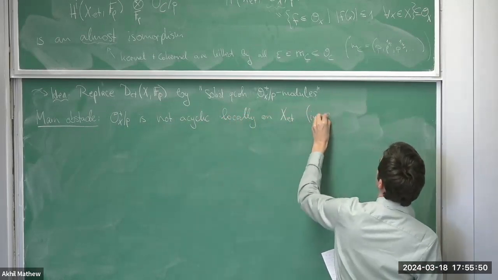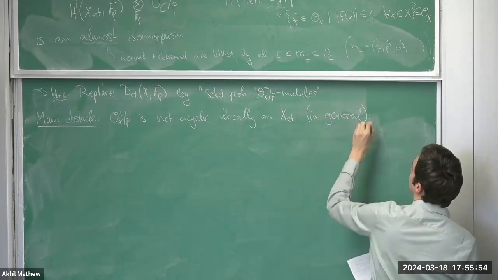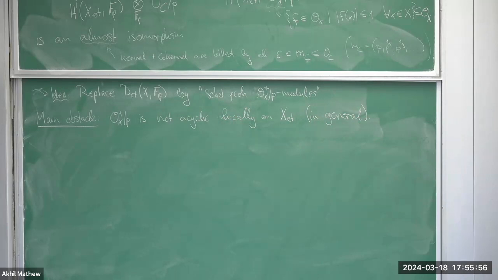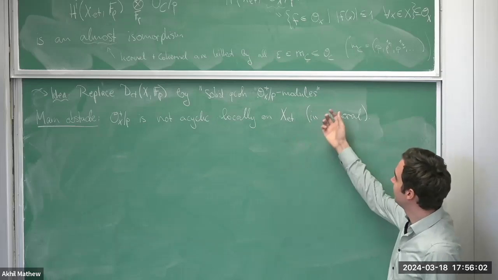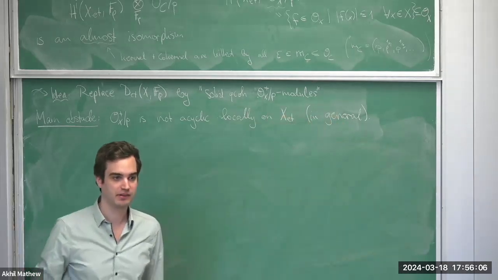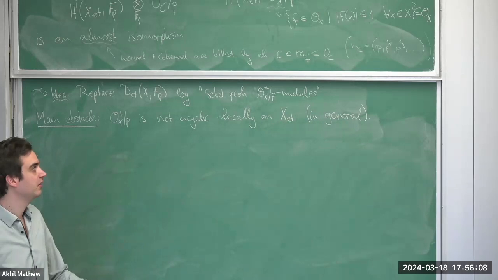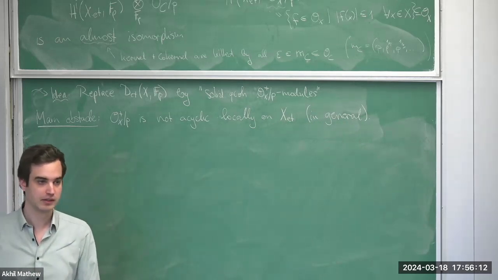In general, of course, in the étale topology it's important, but in general it's not. So if you want to have a good theory of quasi-coherent sheaves on any space, then locally a quasi-coherent module should just be a module over something, right?